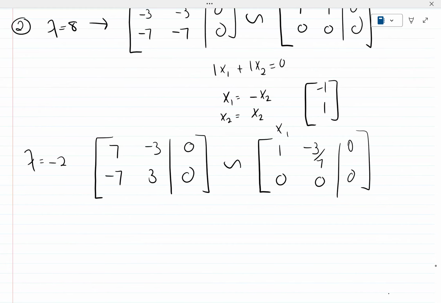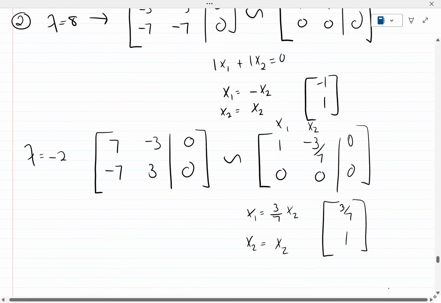This is my x1 column. This is my x2. So my x1 is 3/7 x2, and my x2 is x2, and I get this matrix of 3/7 and 1.